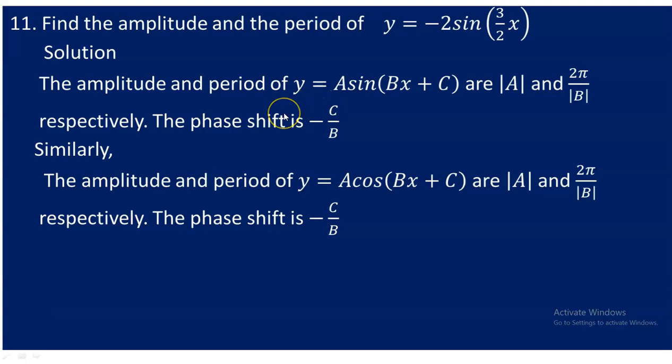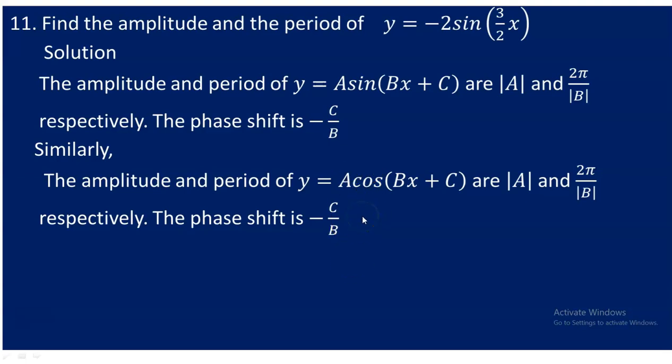The phase shift represents the extent to which the origin has shifted, either to the right or to the left, from the x and y intersection, or from the origin. That shift is determined by minus c over b, which is the zero of this expression, right? bx plus c is 0 at minus c over b. The same is true in the case of these two.